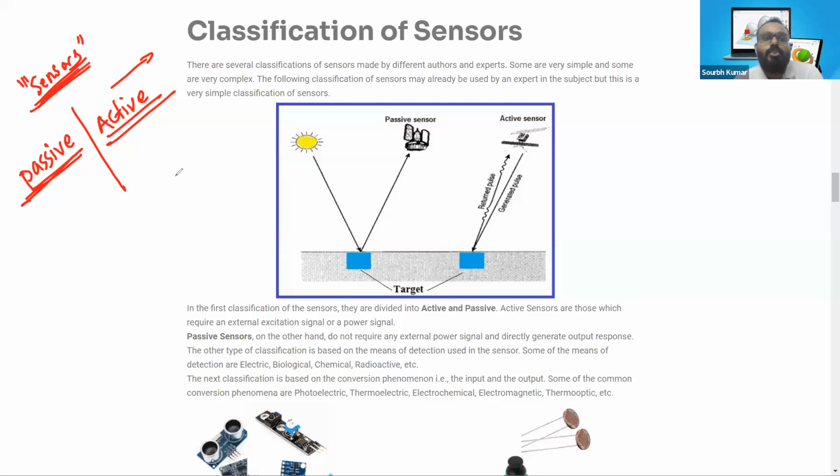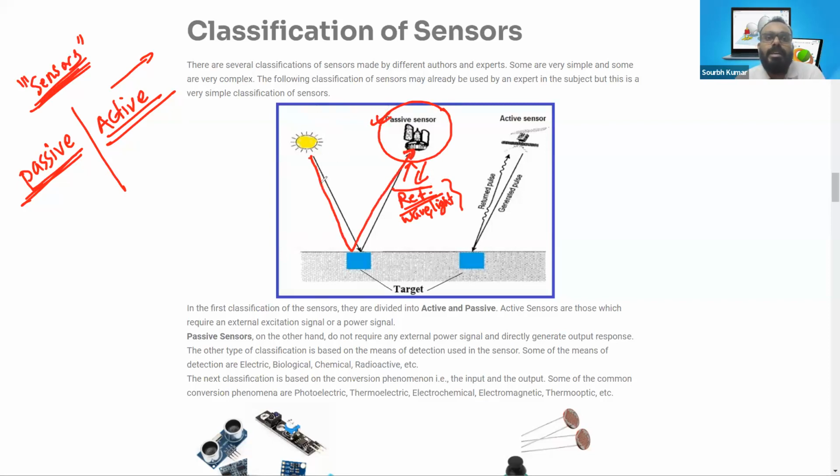Passive sensors are those which do not have any output system; they take input based on the reflection of waves, of light, and so many things. Passive sensors are totally dependent on natural inputs.